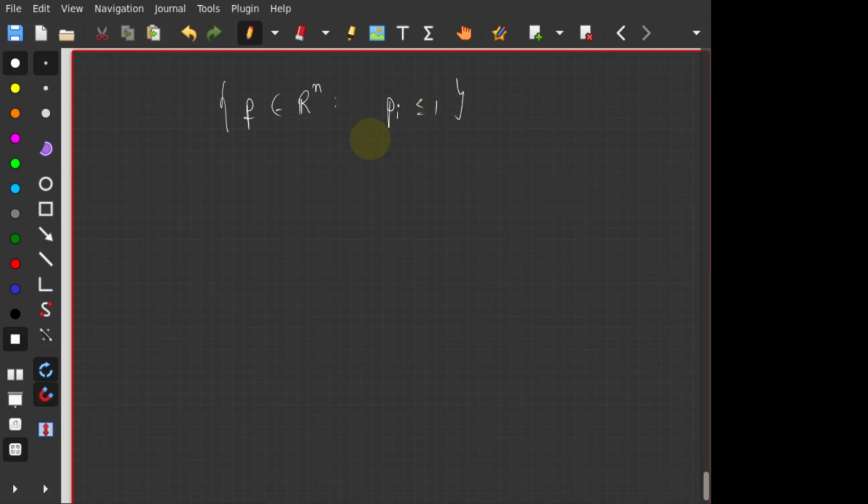Is this a half space? Yes. And what is the a vector in this case? It's the ith standard ordered basis vector. So it's ei transpose p less than or equal to 1. The same thing. So this is a half space.